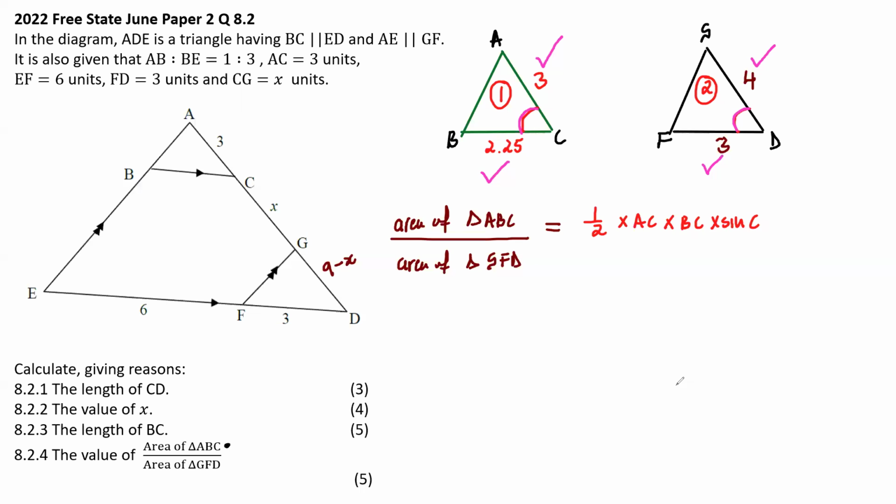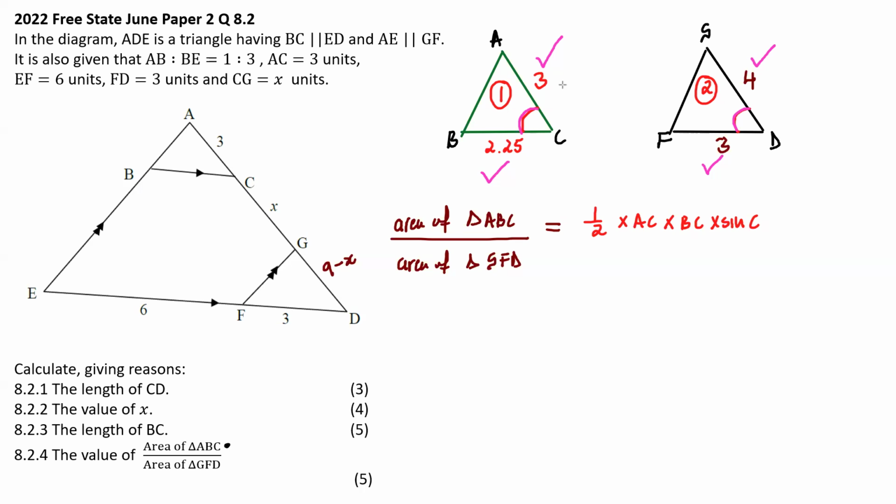If I've got 2 sides and an angle in between, I can get the area. Half AC times BC times sine of the angle in between.